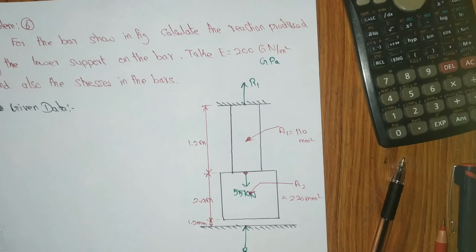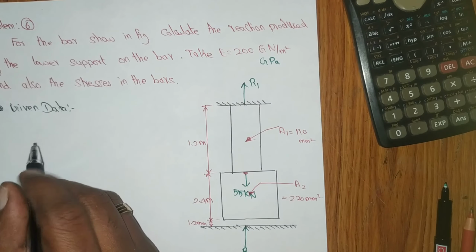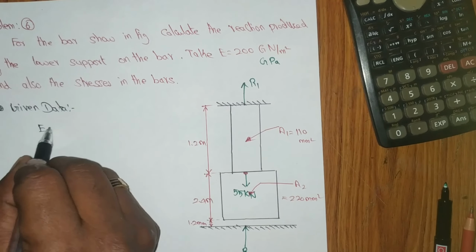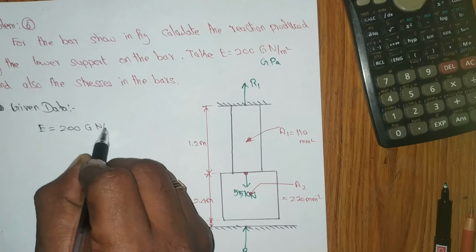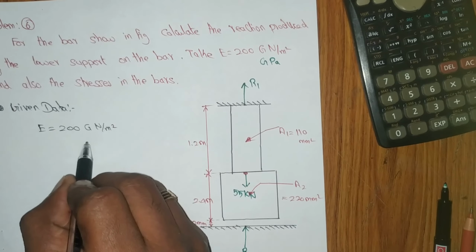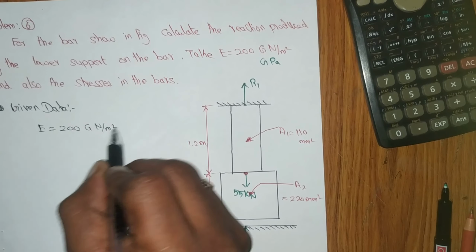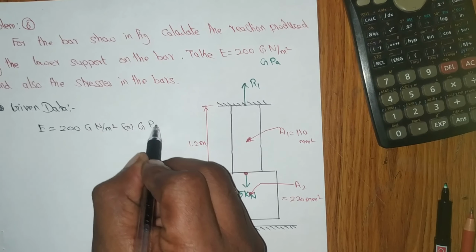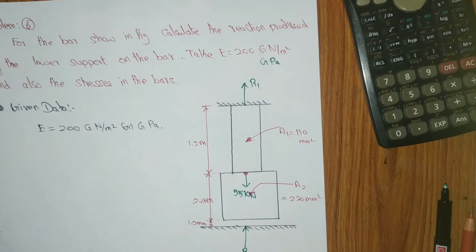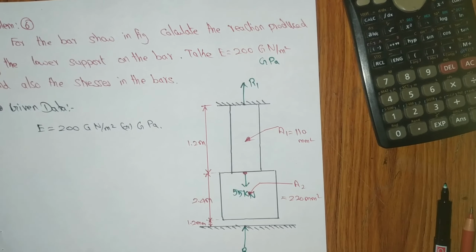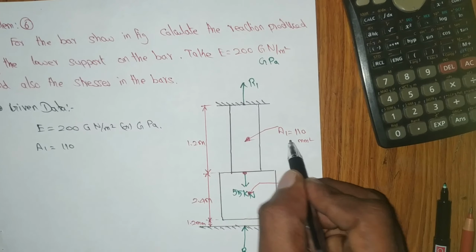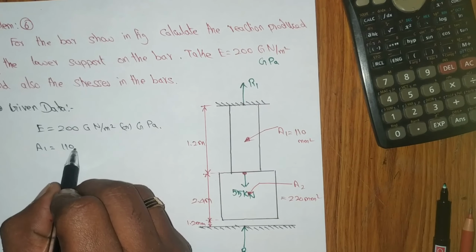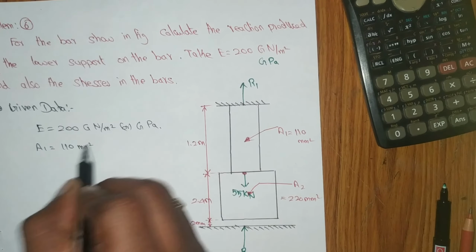So the given data are E equal to 200 gigapascal. The area of the bar, A1, is 110 mm square.